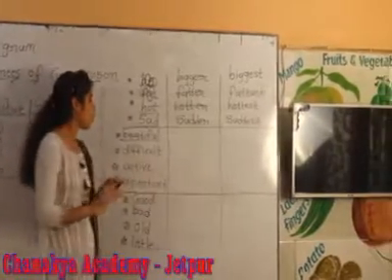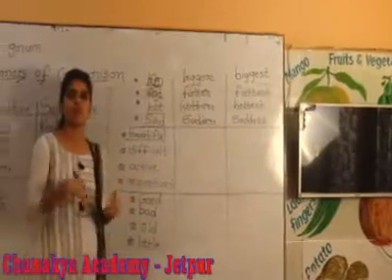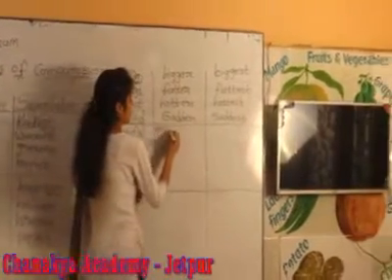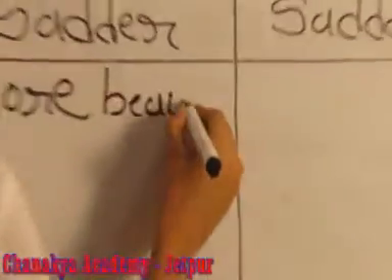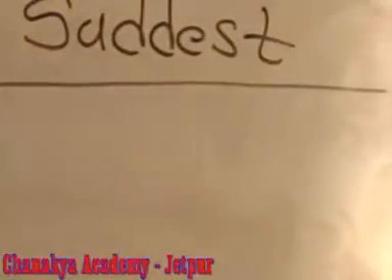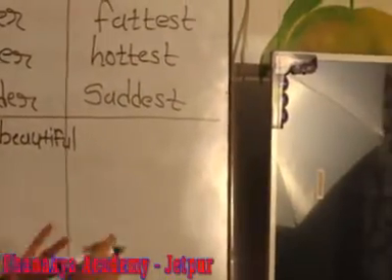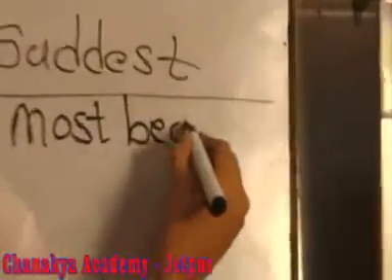When we are forming beautiful, we can't make it beautifuler or beautifulest, but we have to put more as a prefix, so it will be more beautiful. And when we are doing superlative degree, we have to put most as prefix, so it will be most beautiful.